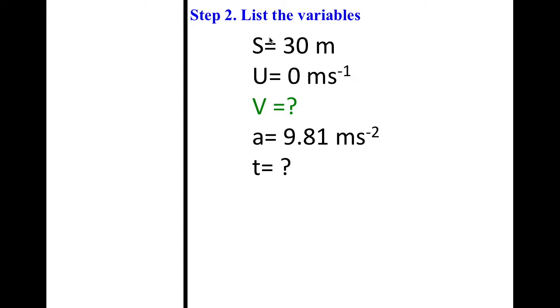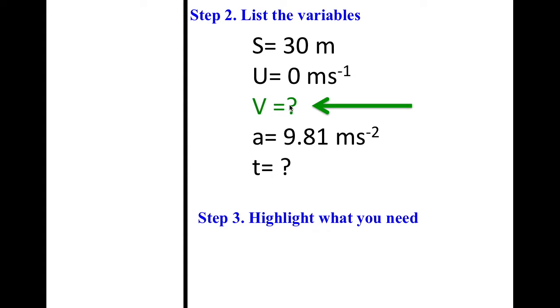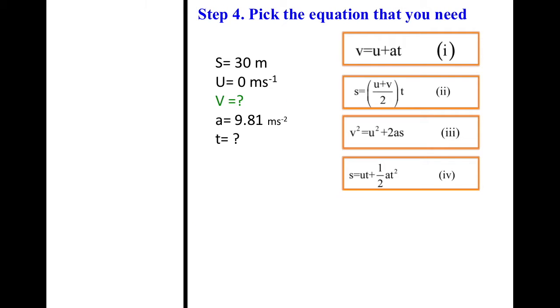Let's list the variables, and we were given these variables, and we want to solve for velocity after 30 meters. We also do know that because the ball is being dropped vertically, it is going down. It is under the influence of gravity, therefore it is a positive 9.81 meters per second squared. Step 4 is to select an equation given your variables. So we need V for sure.